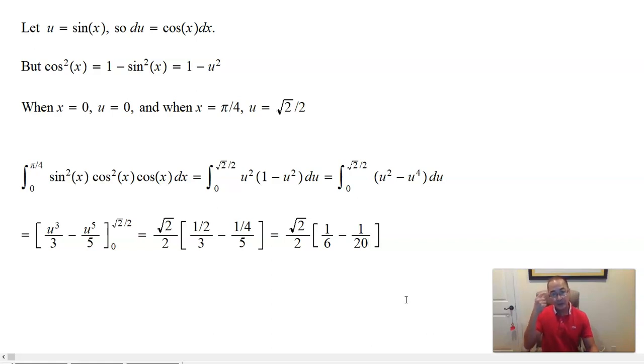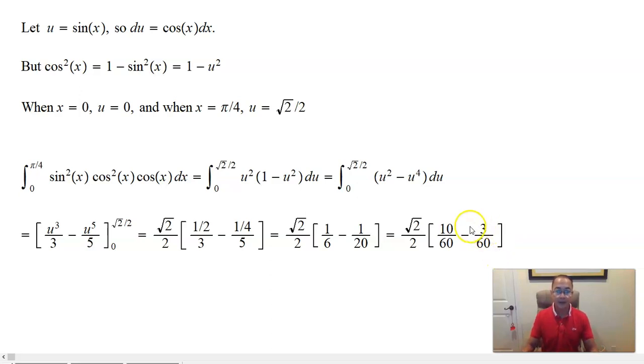Okay, so yeah, between 6 and 20, the LCD, I believe, is 60. 20 times 3, 6 times 10. So let's clean up that fraction. 6 times 10, you get 10 over 60. And then 20 times 3, 3 over 60.